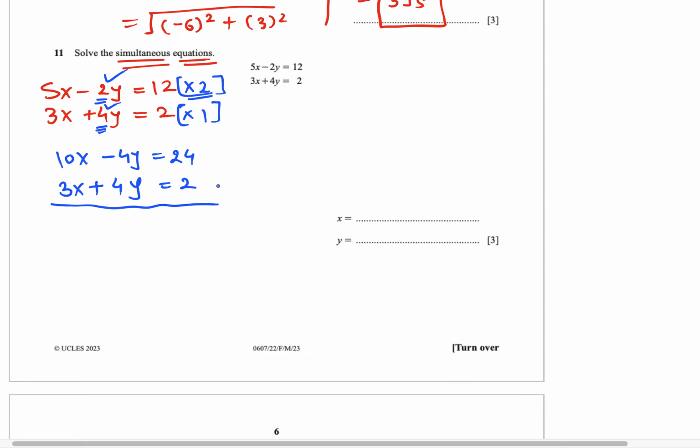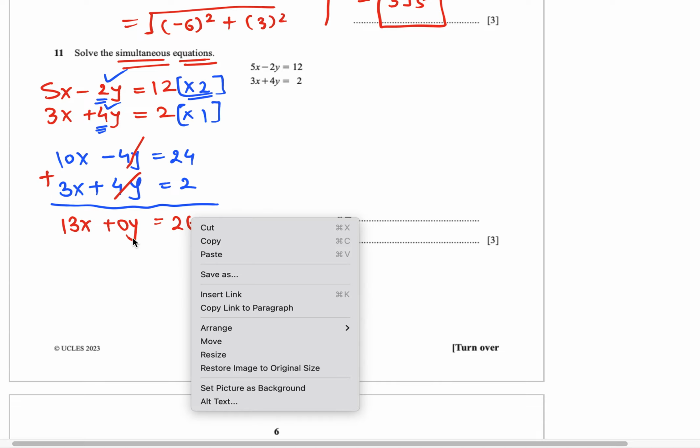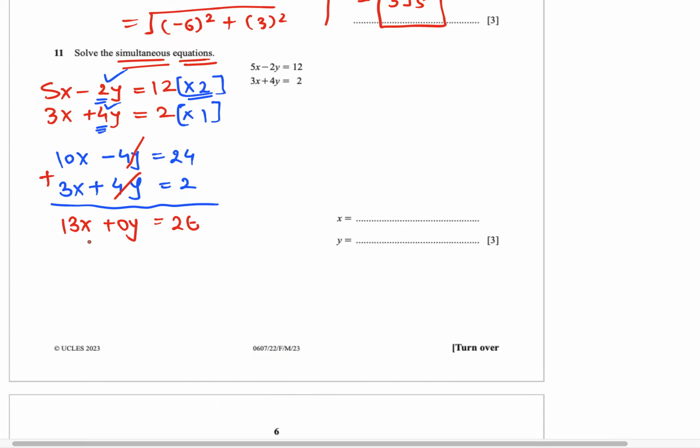So now, if I add these two equations, 10 plus 3 becomes 13x, and minus 4 plus 4 gets cancelled, meaning 0y, and this will be 24 plus 2, that is 26. Okay, so now 13x is equal to 26, x is equal to 26 upon 13, 13 ones are 13, 13 twos are 26, x is equal to 2, right?